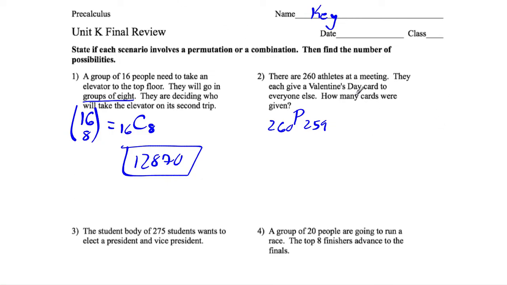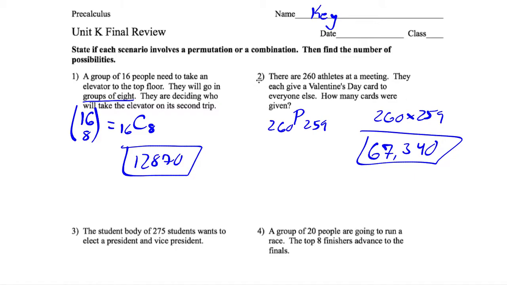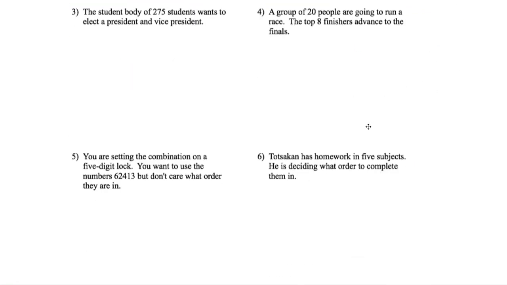Basically, this is going to be 260 times 259, right? So from each person, you're going to give to the others. That's a bad problem. Don't worry about number 2 for the final exam.